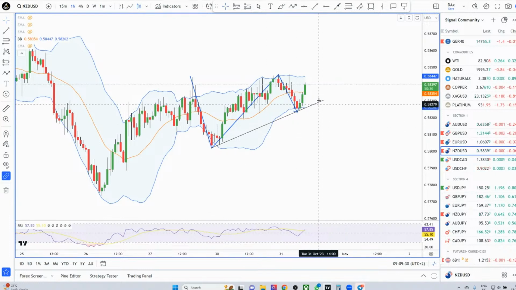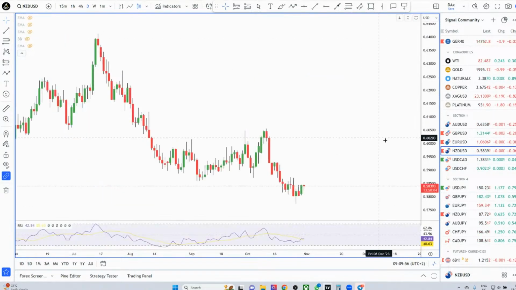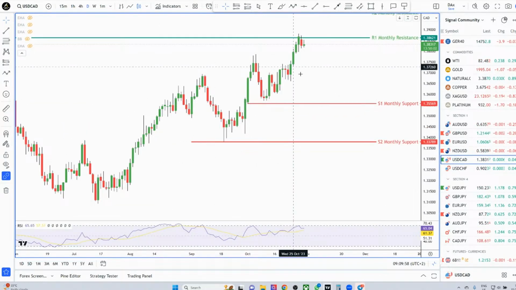That's not an upward trend line, all right, guys, because this move here didn't manage to create a higher high than the previous high. So we don't take this as an upward trend line. It's more to map the market, okay, rather than to say this is an uptrend and I'm going to try to buy it now. Hope that makes sense.